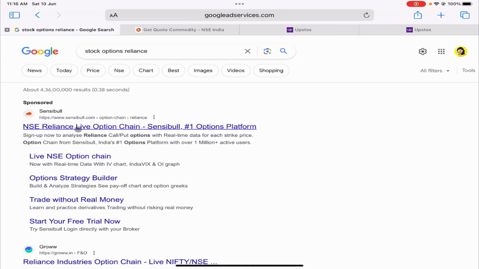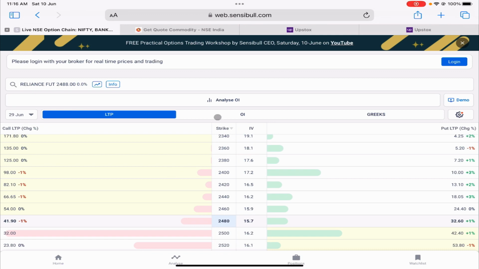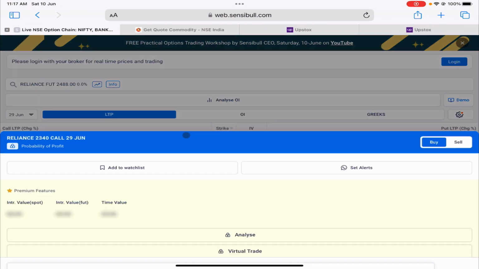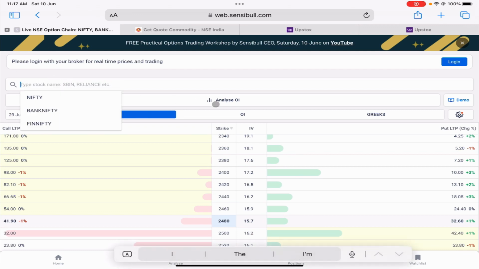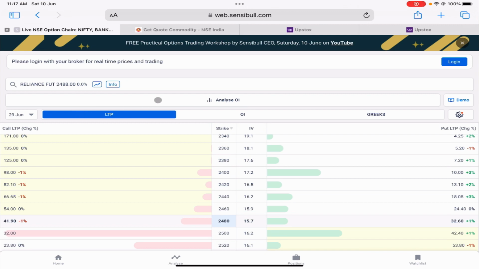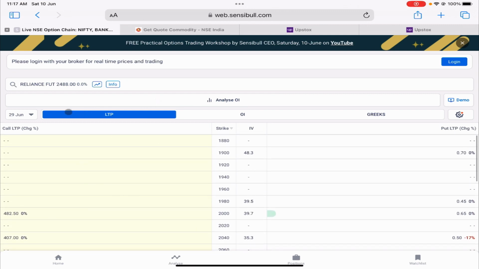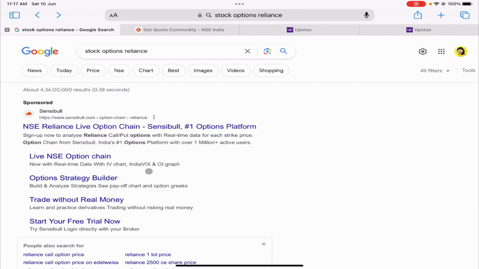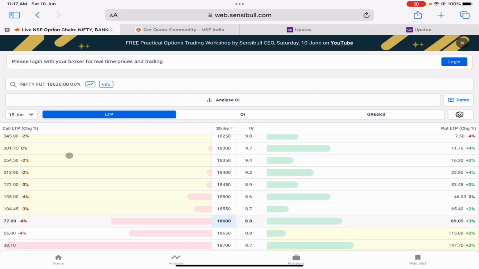Okay, so this is my Sensibull platform, but you can see that there are going to be various options for various strike prices. And you can see the LTP over here. Call and put are the two types of options we'll be discussing in detail, but you just need to know what an option chain is.